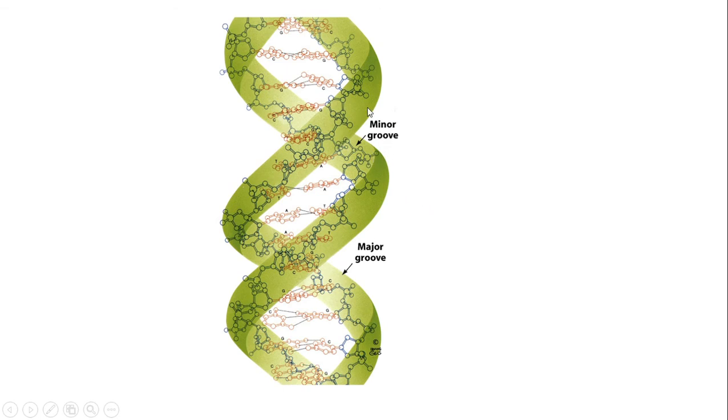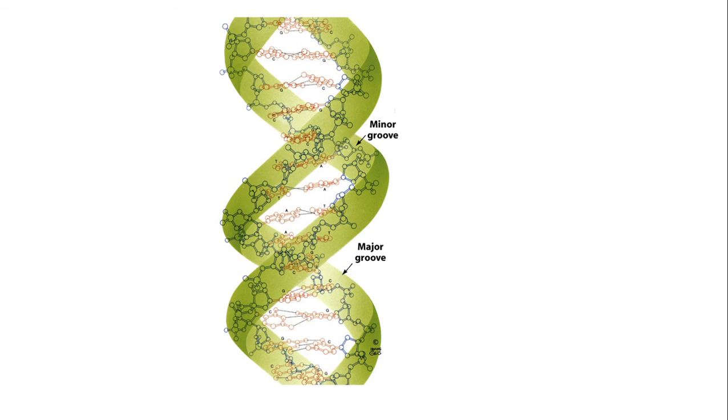The minor groove has a distance of about 12 angstroms, and the major groove about 22 angstroms. Because of this wider gap in the helix, most of the protein contacts are made here. For example, this could be a binding site for transcription factors.